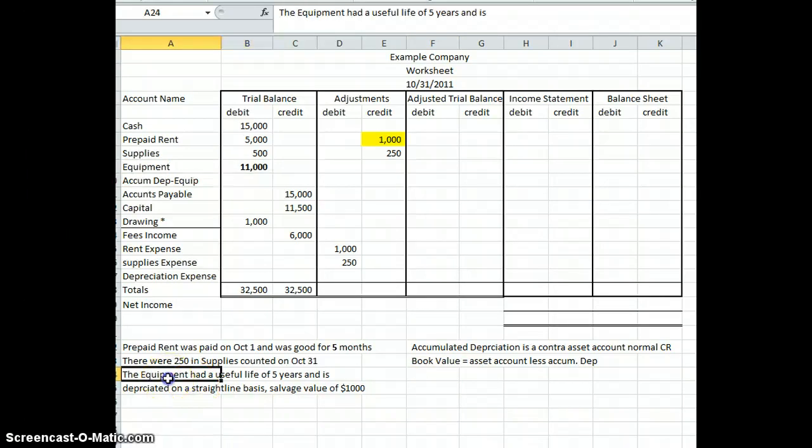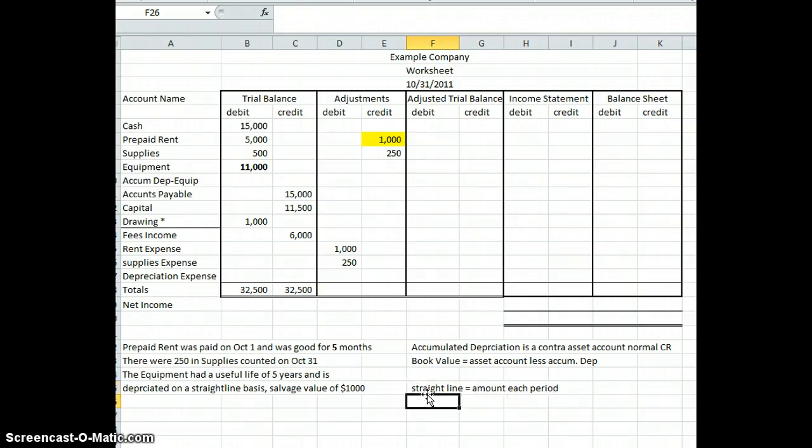We have some information here that says we are going to depreciate on a straight line basis. Straight line means that we are going to depreciate the same amount each period.